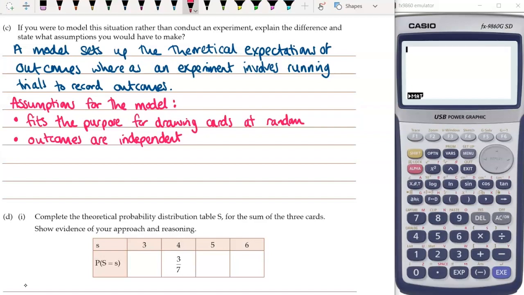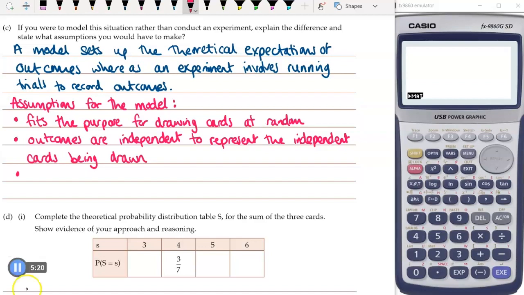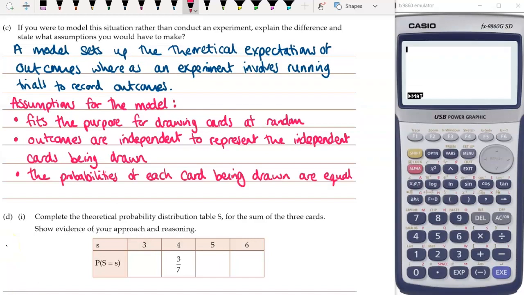The outcomes are independent to represent the independent cards being drawn. The probabilities are equal for each of those cards, representing what we've got in the situation.